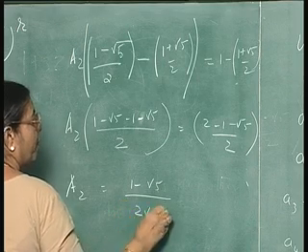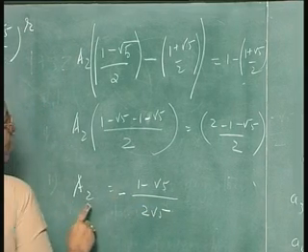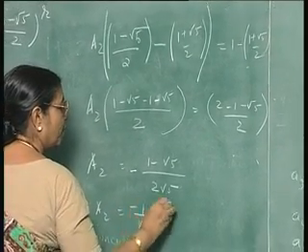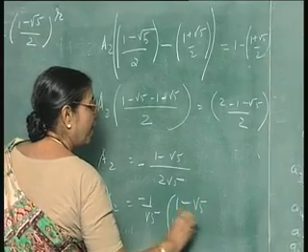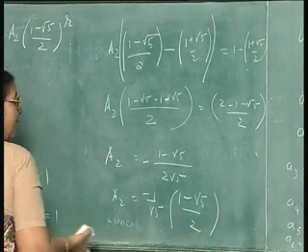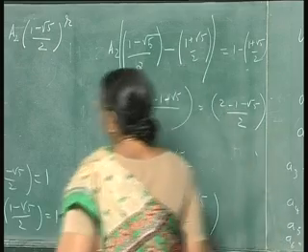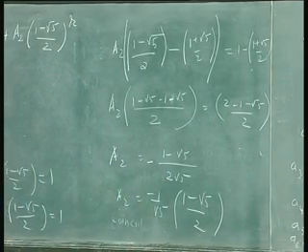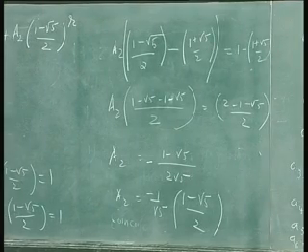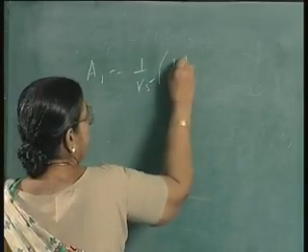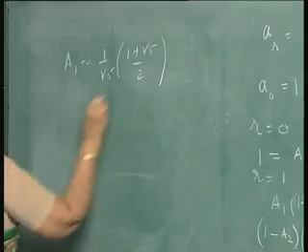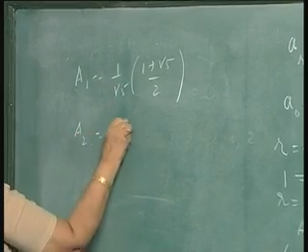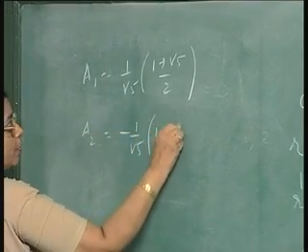So, A2 will be minus 1 by root 5 times (1 - root 5)/2. And similarly, if you calculate, A1 will be 1 by root 5 times (1 + root 5)/2. So, using this value of A1, and A2, as we have seen, minus 1 by root 5 times (1 - root 5)/2.